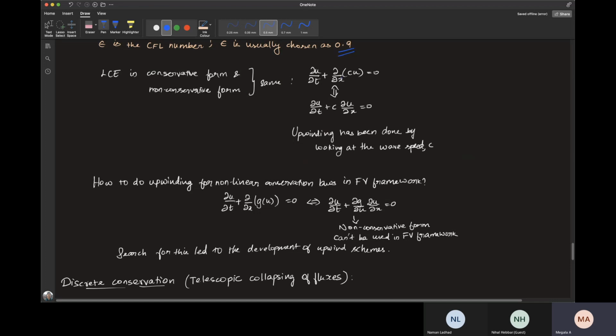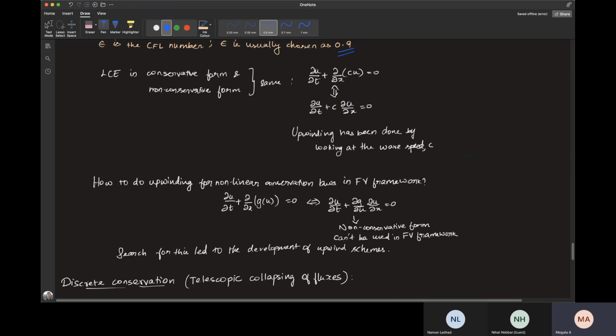You call an equation conservative form when you can write it in such a form where you have dou by dou x of some flux, instead of having dou by dou u of flux into dou u by dou x. If you have it like dou by dou x of flux totally, then you say that your equation is in conservative form. So this is a conservative form and this is non-conservative form, but both are equivalent.